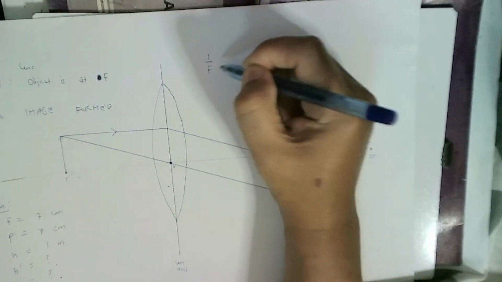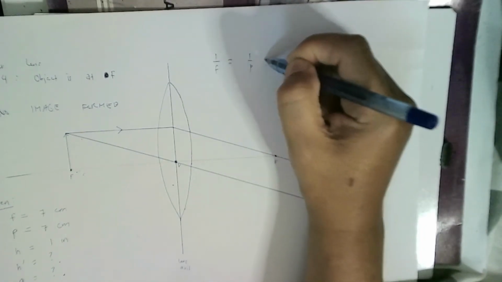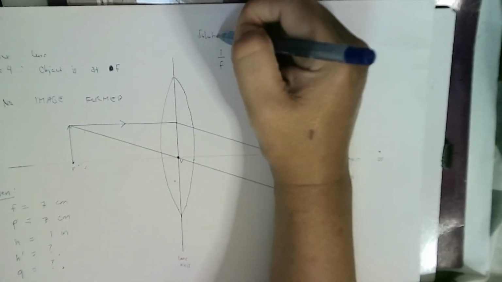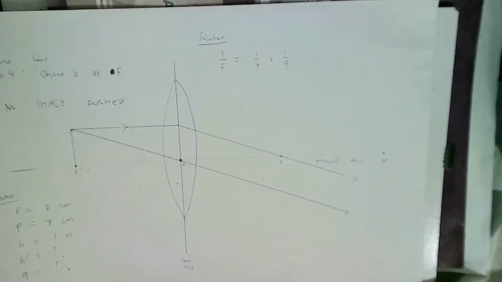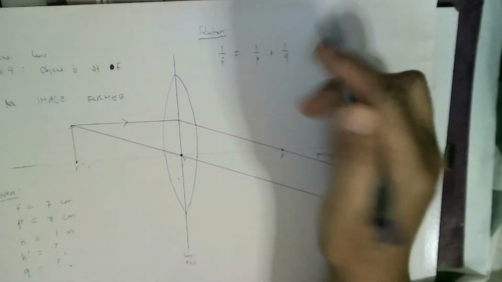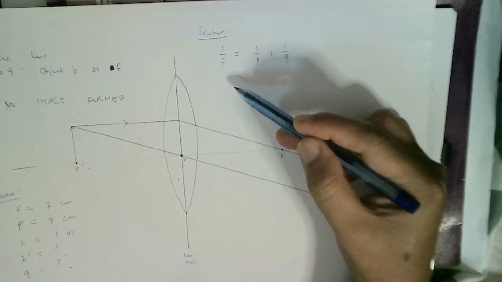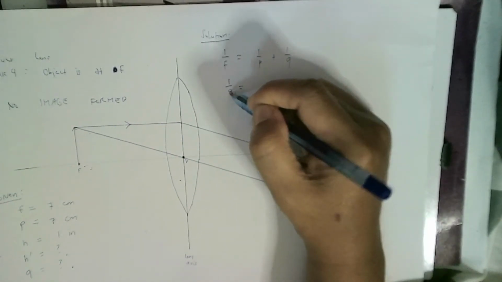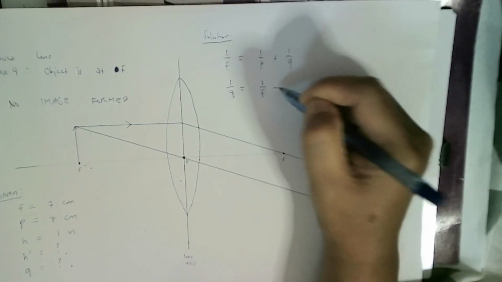Okay, and again it starts from the lens equation. The lens equation is 1 over f is equal to 1 over p plus 1 over q. So I want to solve for q, so I'm going to move this term to the other side. So I will have 1 over q is equal to 1 over f minus 1 over p.